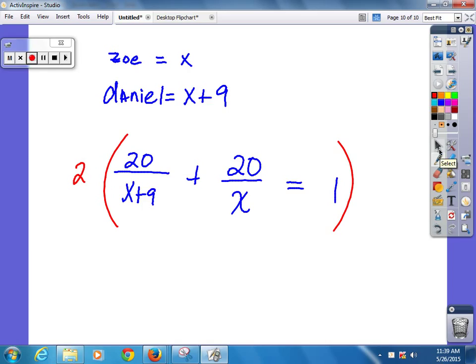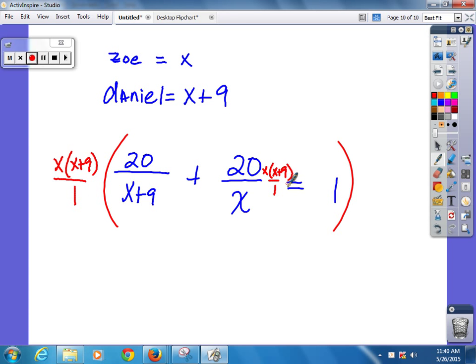So we're going to multiply by the common denominator, which would be what? X times X plus 9. X times X plus 9 over 1, and I'm going to put an X times X plus 9 over 1 here.